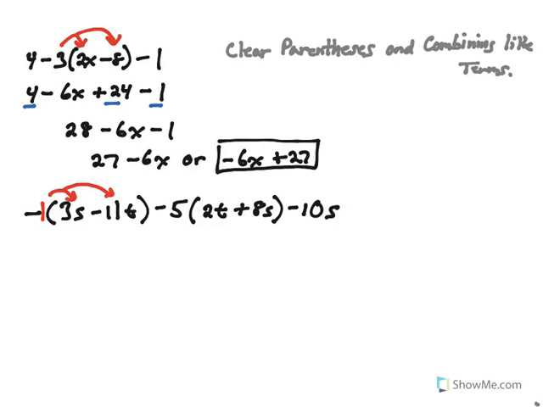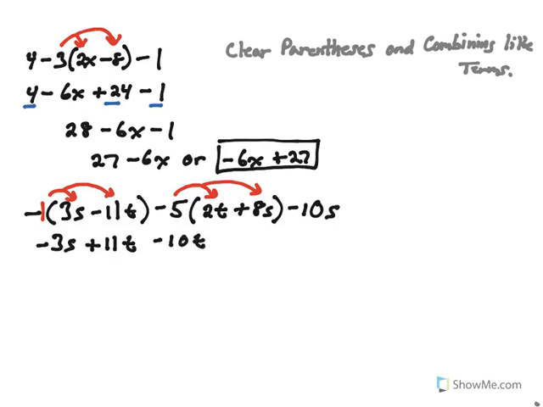So when we do that, we are left with -3s, because a -1 times a +3s is a -3s. A -1 times a -11t is a +11t. And now we're going to distribute the -5 with the 2t and the 8s. So a -5 times 2t is a negative 10t.